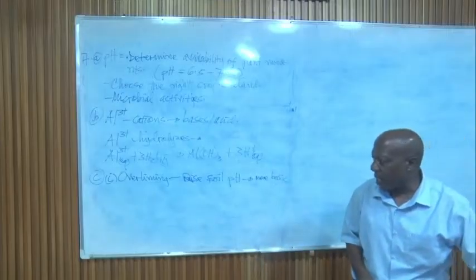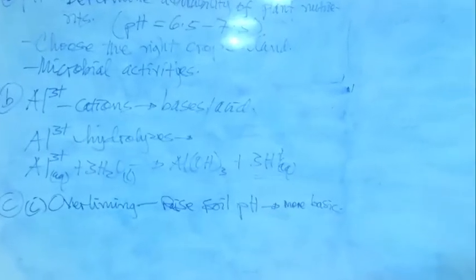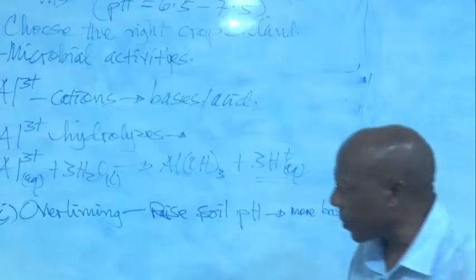So the effect of overliming is to increase the soil basicity, which can go out of the required soil pH range. Another practice is heavy irrigation.